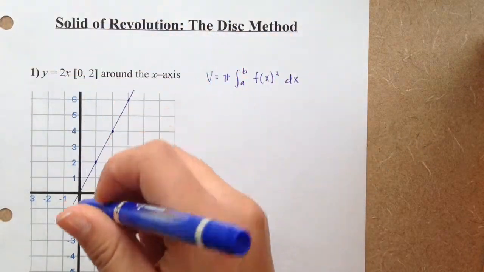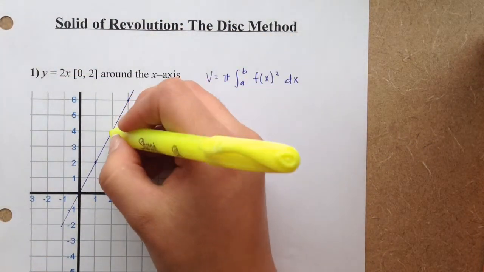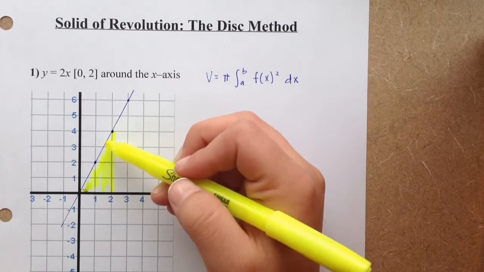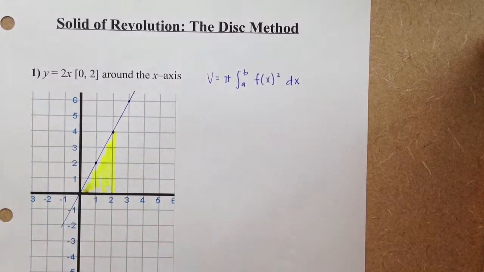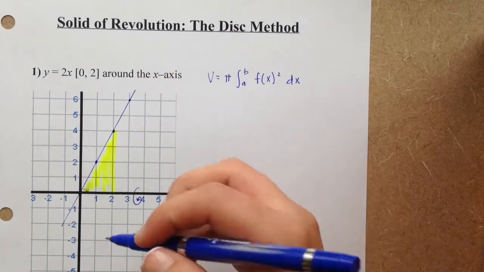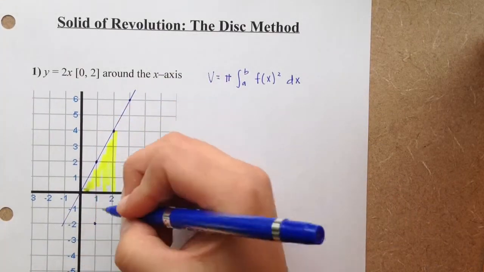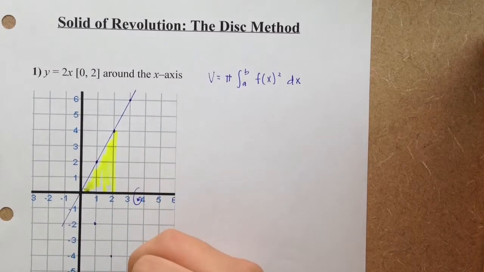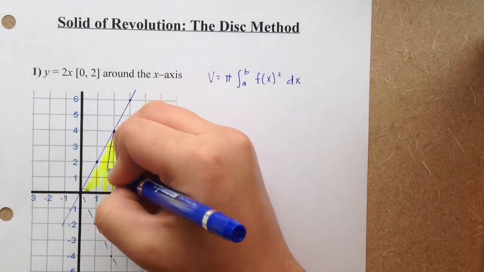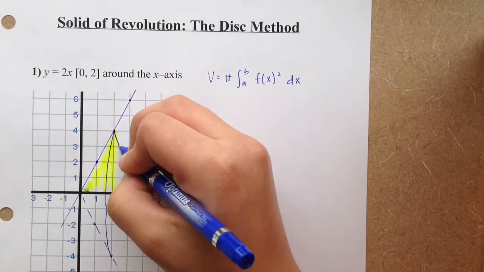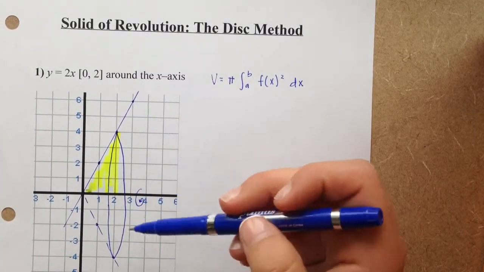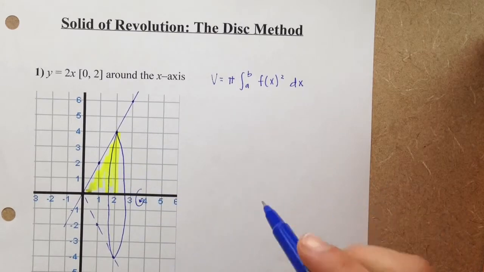And since we're given the barrier of 0 to 2, we're going to find the volume of this part of the graph revolving around the x-axis, which should form a 3D solid, which should look something like this. So we're going to try to find the volume of that shape.